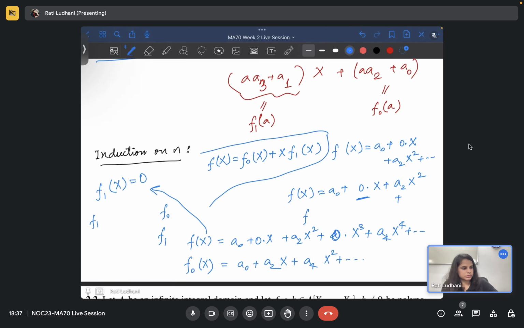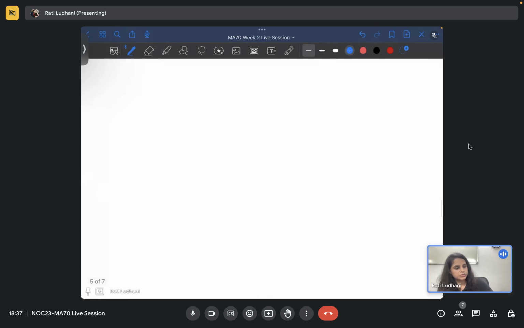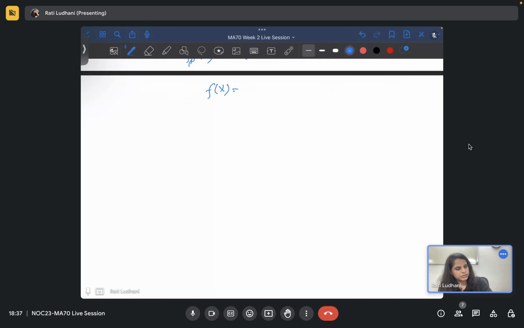Because you will... so, okay, let's see. You have fx, you have f0 of x plus x into f1 of x. From here you are having a2 x plus a4 x square, right? And from here you have coefficients like a2 x square plus a3 x cube, right?